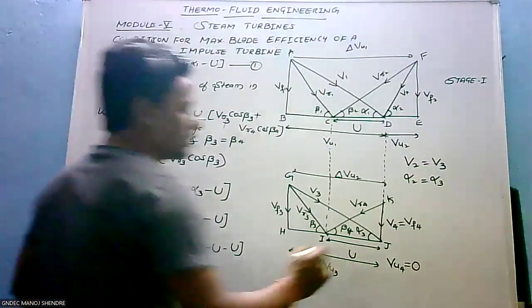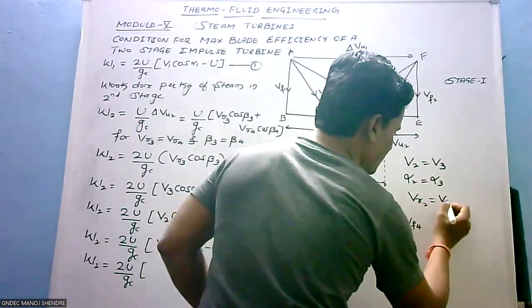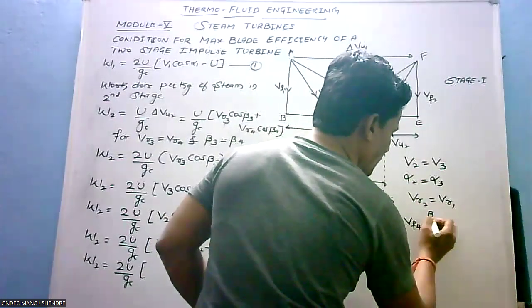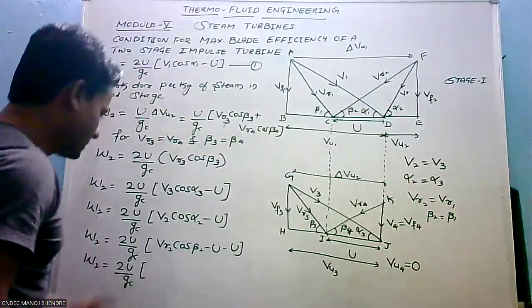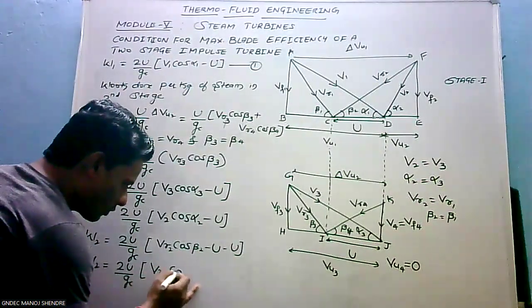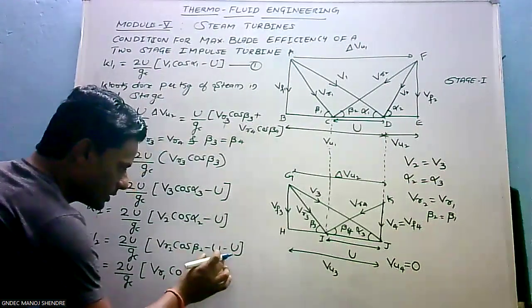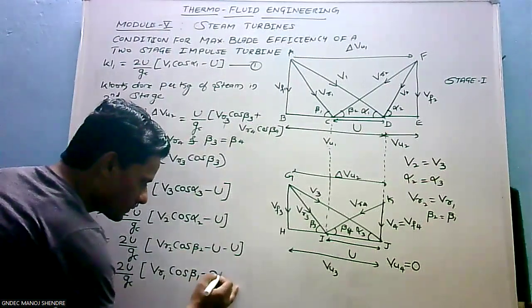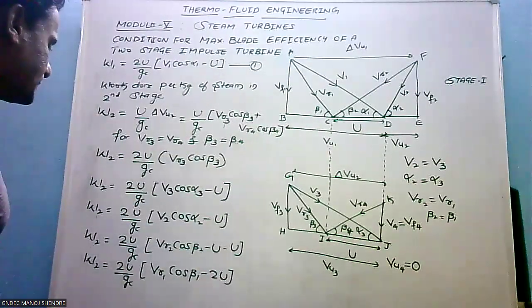So here I can assume VR2 equals VR1 and beta 2 equals beta 1. So let us write the same thing here. VR1 cos beta 1, VR1 cos beta 1 minus U minus 2U. Minus U minus 2U, right?